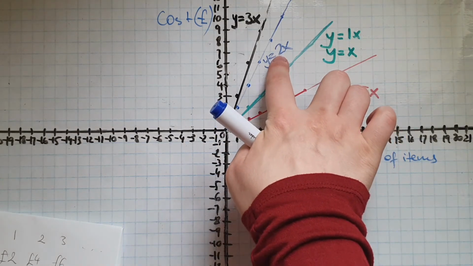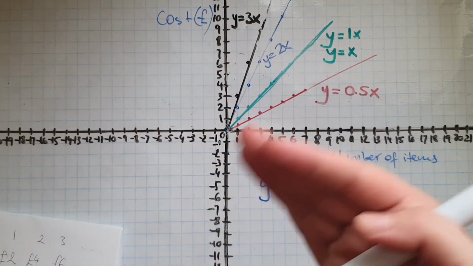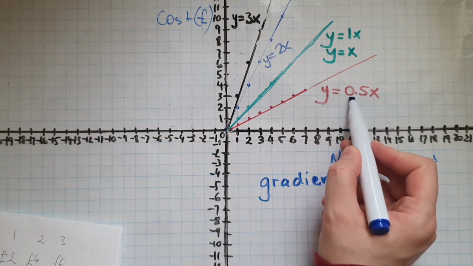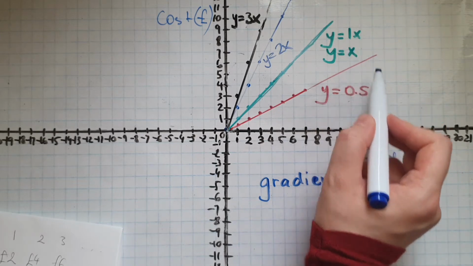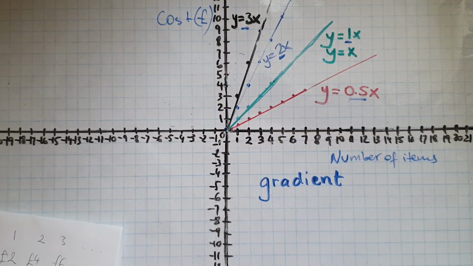So that's the rate of change or the money you pay per item. That is the number that comes in front of the x. So 0.5, 1, 2, 3, the coefficient. These lines work in a number of scenarios, and soon you will be able to use them without a context at all. So you're going to be given the equation, you just need to use that.